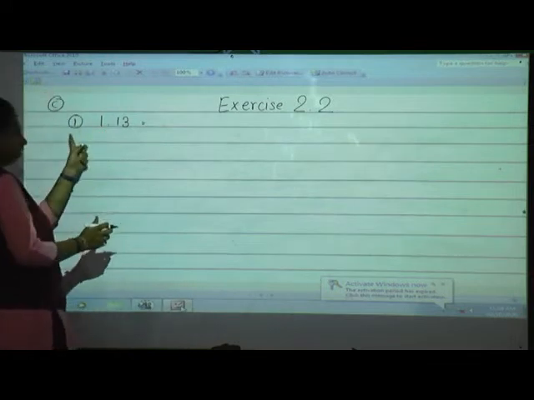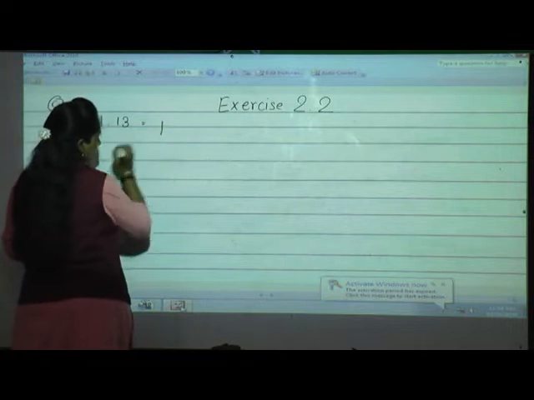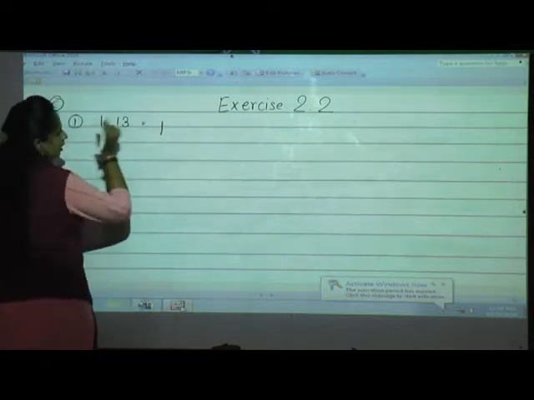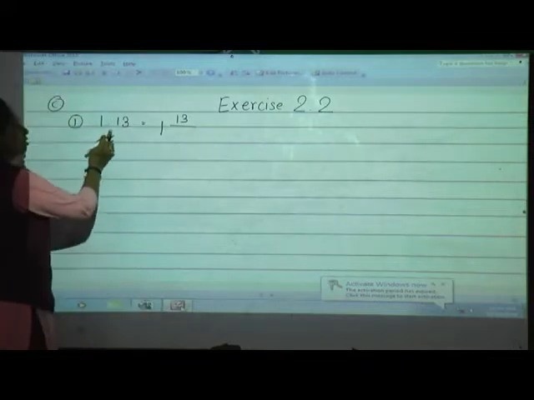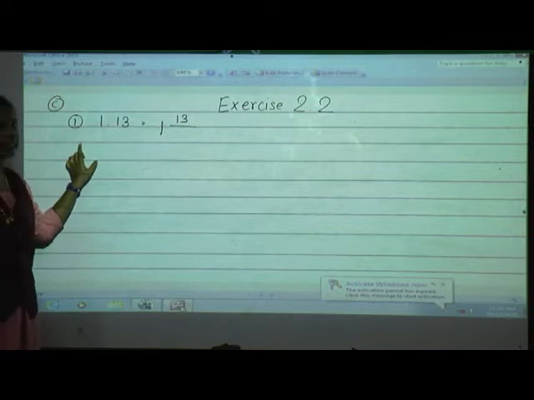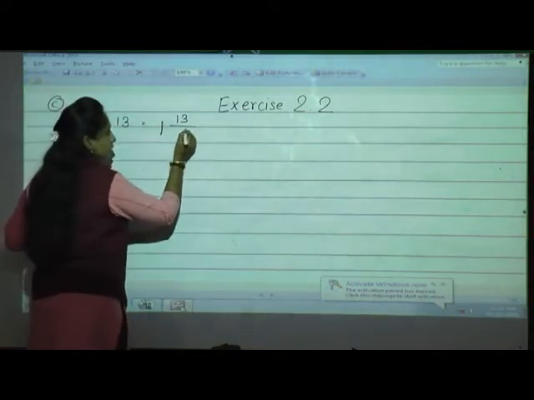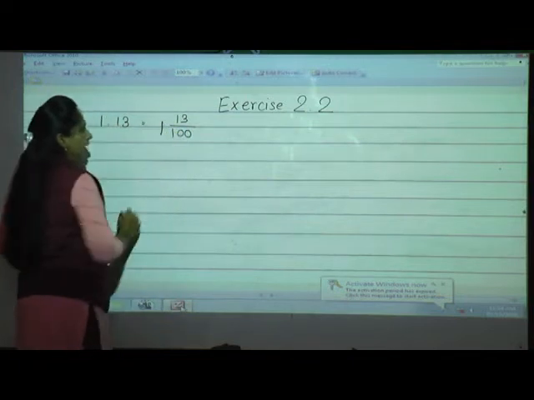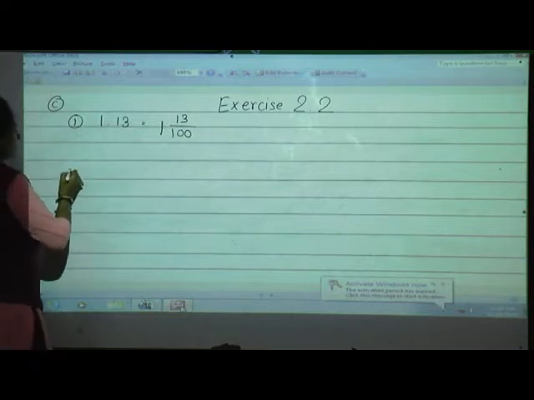See, point left side means whole number. So write whole number. This is what? 13. So write in the place of numerator. So see how many digits after decimal point they had given? 1 and 2. So place 1 and 2 zeros. In this way also you can do. The another way I will tell you now with the second example.